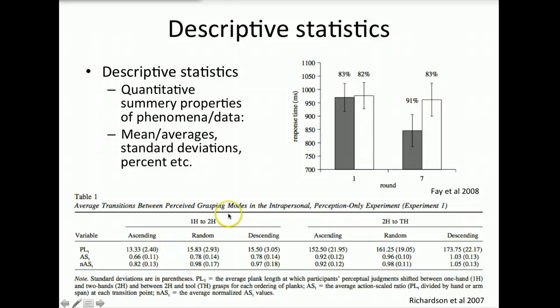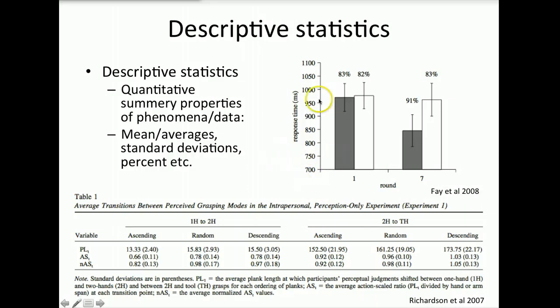Here's another example. This is taken from the Fay et al. study, where he compared sign systems that had evolved in isolated pairs with sign systems evolved by communicative pairs in a reaction time task where people had to press a button as quickly as they could to make particular decisions.